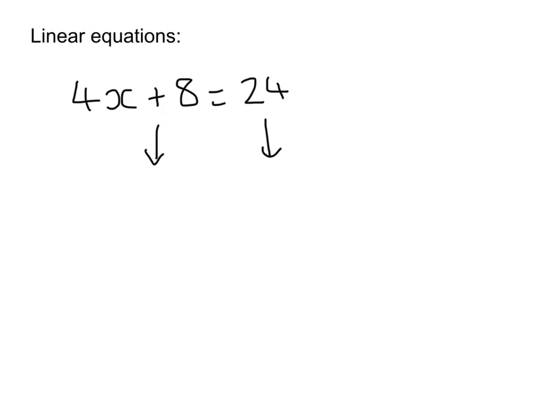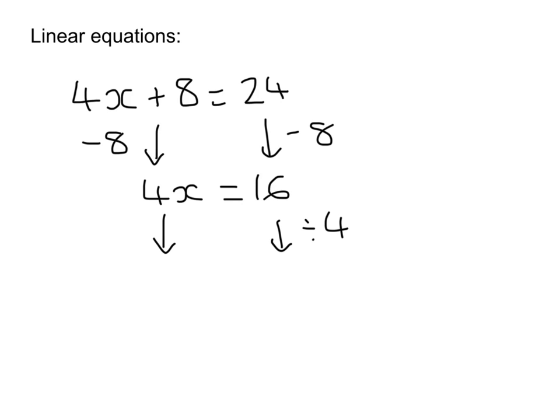Now I need to think of a reverse of BODMAS, so I wouldn't start with brackets. In fact, I would start with subtraction. I don't have any subtraction, so I'm going to start here with the addition. So to get rid of plus 8, I take 8 away, which gives me 4x equals 16. And now you can see we've got a nice simple one-step equation. So to get rid of times by 4, I divide by 4, which gives me x equals 4.